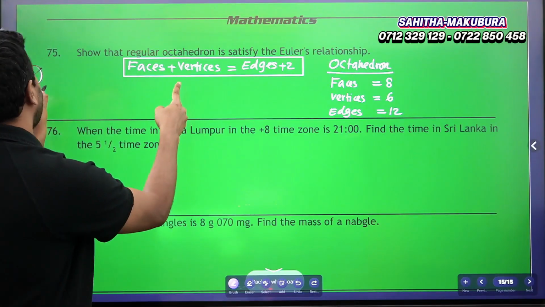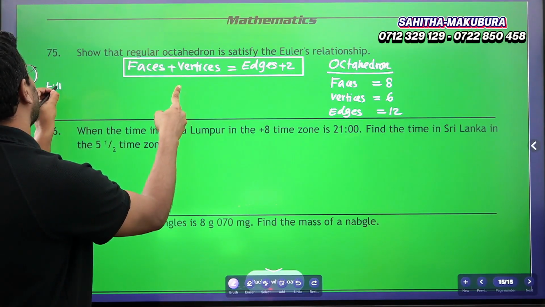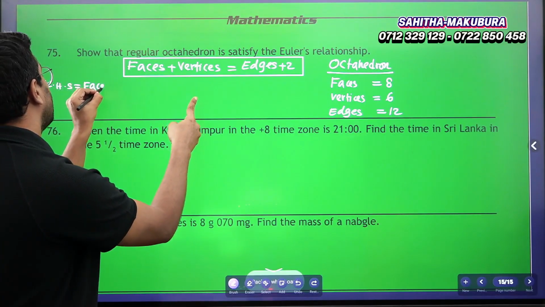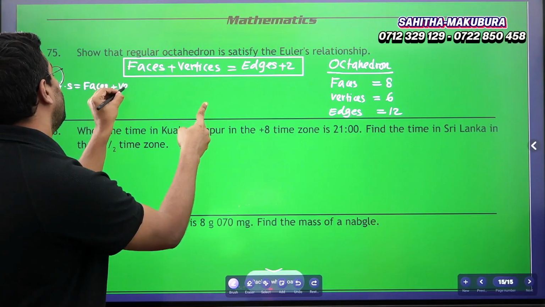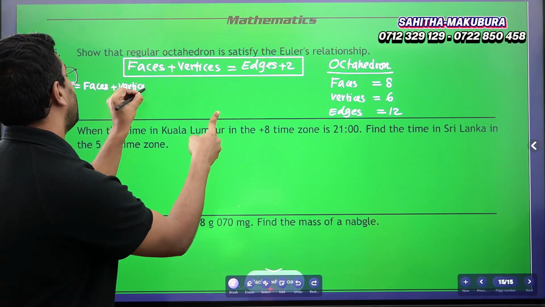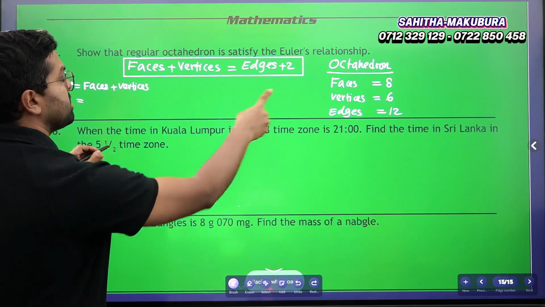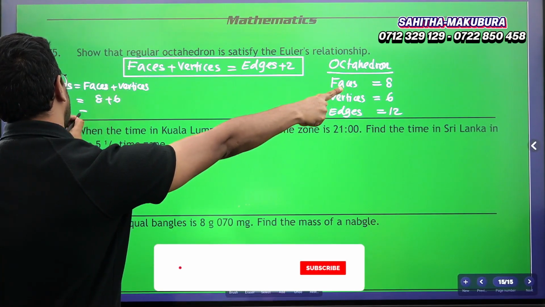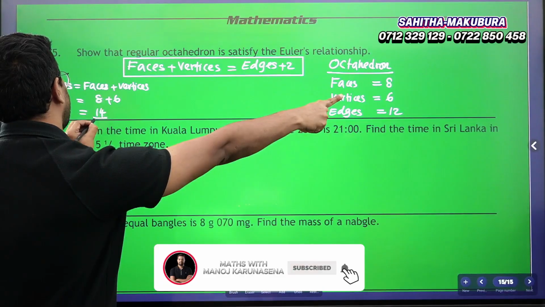What do you have in the left hand side of this equation? Number of faces plus number of vertices. Faces is 8, vertices is 6, 8 plus 6 is 14.